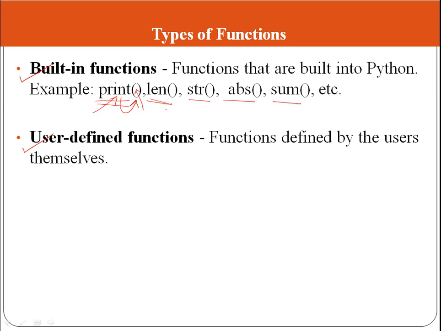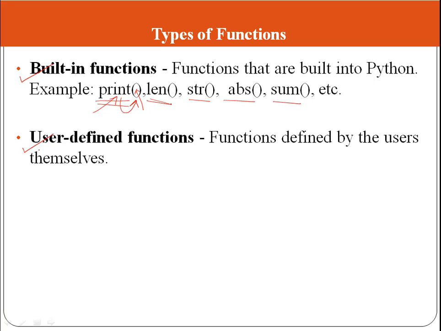Fine. Then there are user-defined functions. Everything cannot be known to a programmer, right? Python has also been developed by programmers, so the Python programmers do not know what task you want to do.